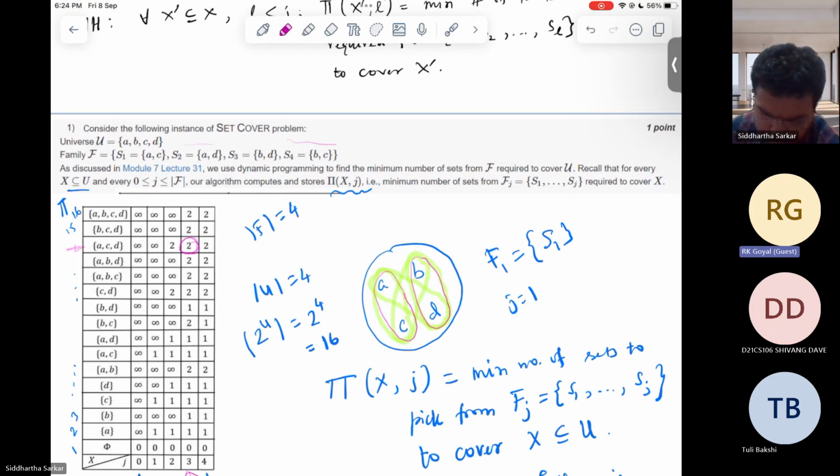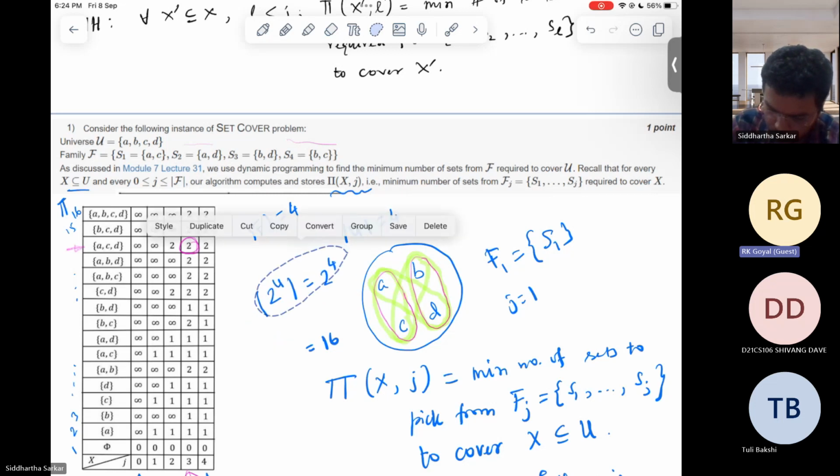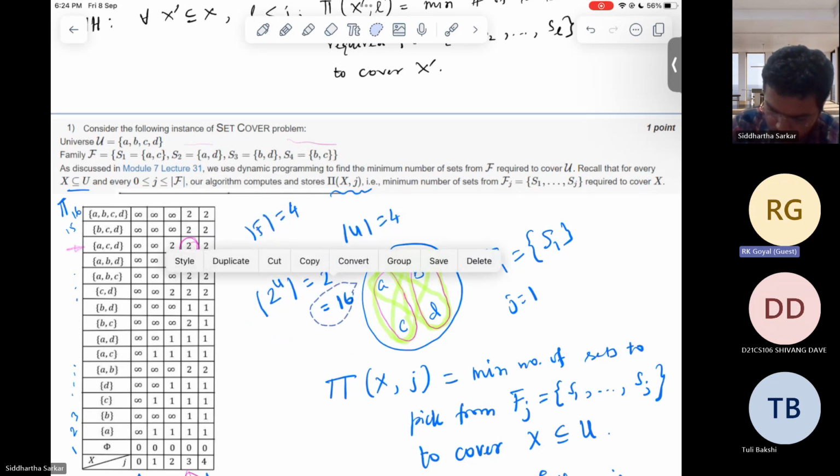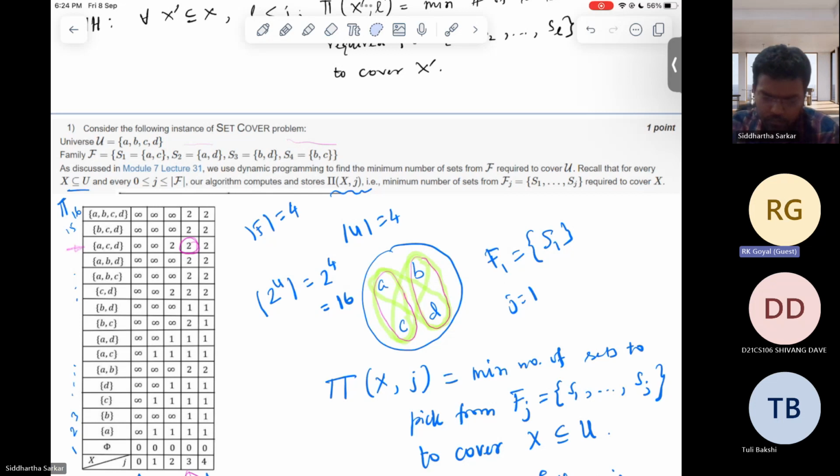And we have to find this ACD thing. So therefore I can go for the first part of the recurrence relation. Since S3 is BD, at least D can be taken from here, resulting in only having to find AC with the two sets. So AC and 2. AC and 2 is this one.